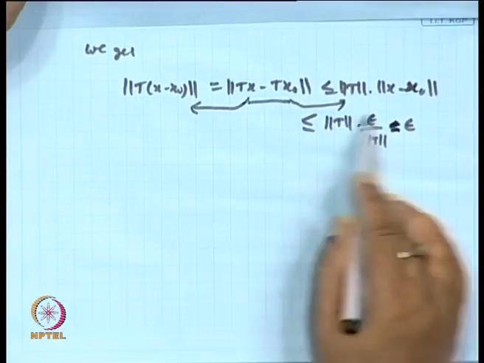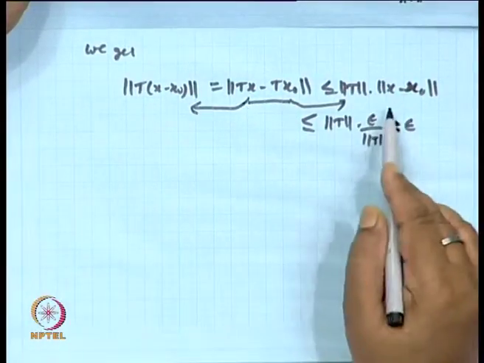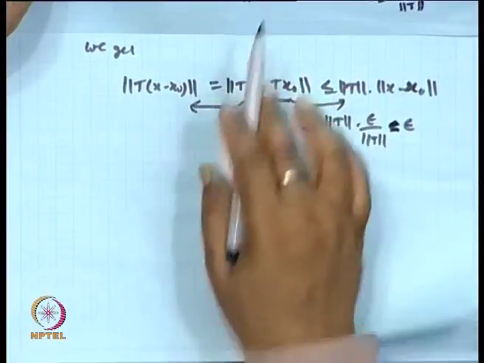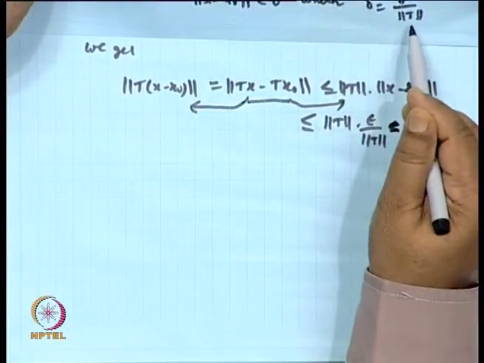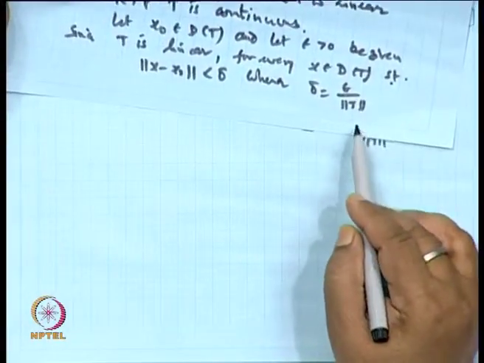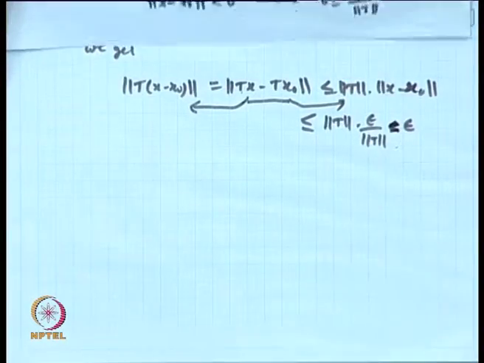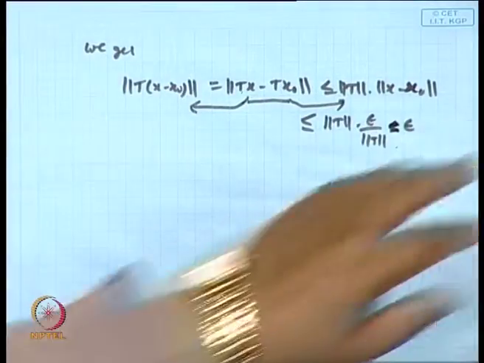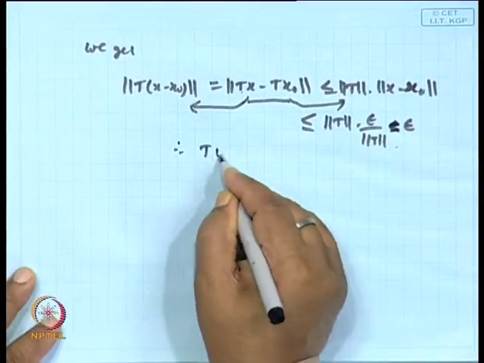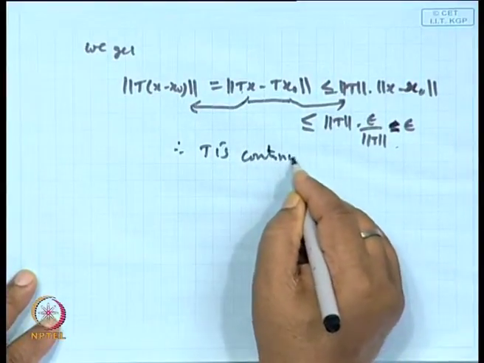So, from here we can write this thing, and again epsilon is chosen. So, we can find a delta in terms of epsilon, which is equal to epsilon by norm T. Substitute it, we get this thing. Therefore, what we conclude is that T is continuous at x naught.